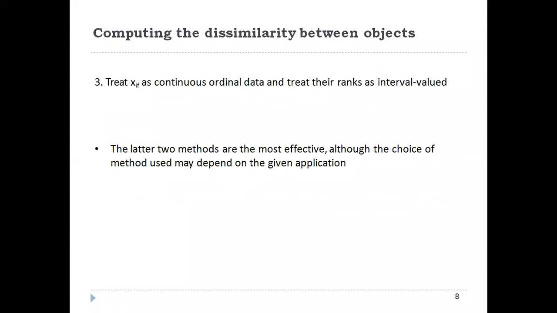The third method is to treat them as continuous ordinal data and then treat their ranks as interval values. You take it as ordinal data, don't normalize as we did for the ordinal data before, but just treat it as an interval value.